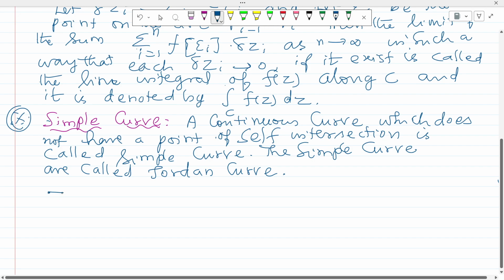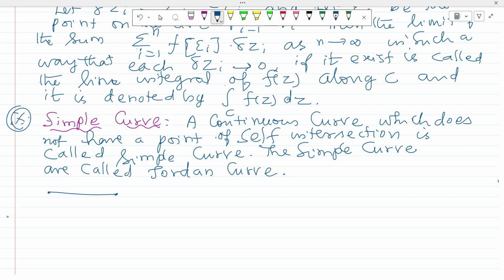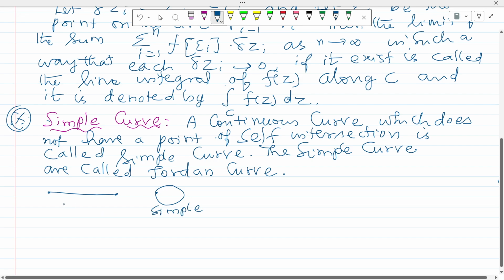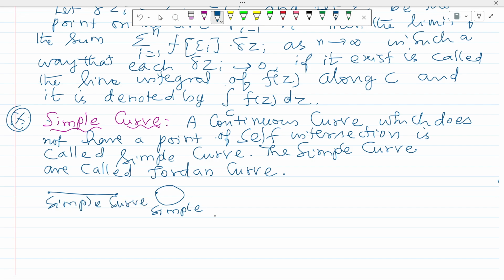Listen, it is a simple curve. One line is a simple curve, and there is no self intersection, meaning there is no intersection in the middle. That means, in case we take one circle, with starting point and ending point, it is a simple closed curve. It is a simple curve. Okay, it is a simple closed curve.